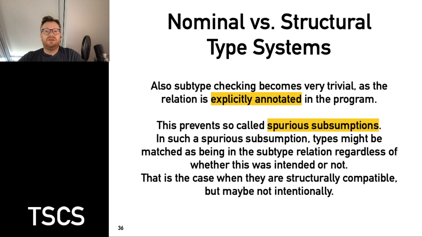Also, in a nominal type system subtype checking becomes very trivial, especially here in Featherweight Java, as it's explicitly annotated in the program. So your subtyping relations are actually part of that.